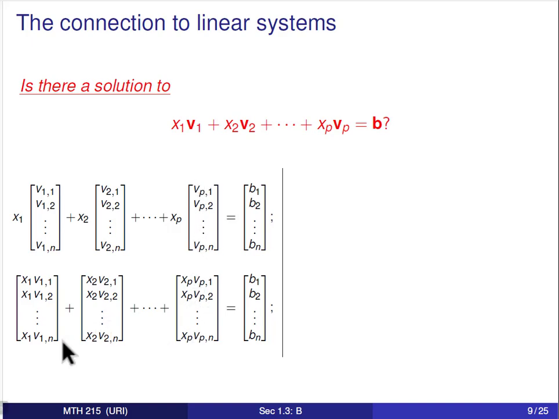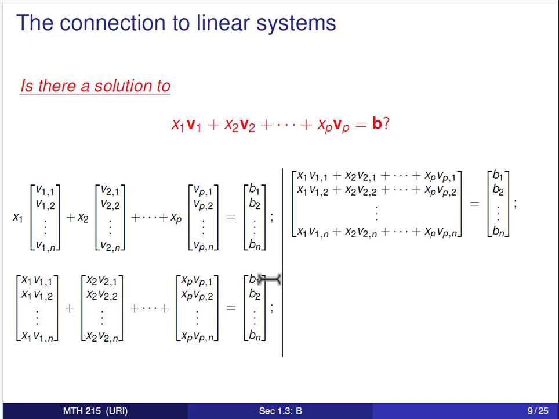And then if we remember what it means to add vectors together, I just want to add together the components in the corresponding places. So if I do that on the left, in the first entry I'll add together all the first entries, in the second entry I'll add together all the second entries, and so on all the way through the nth row.